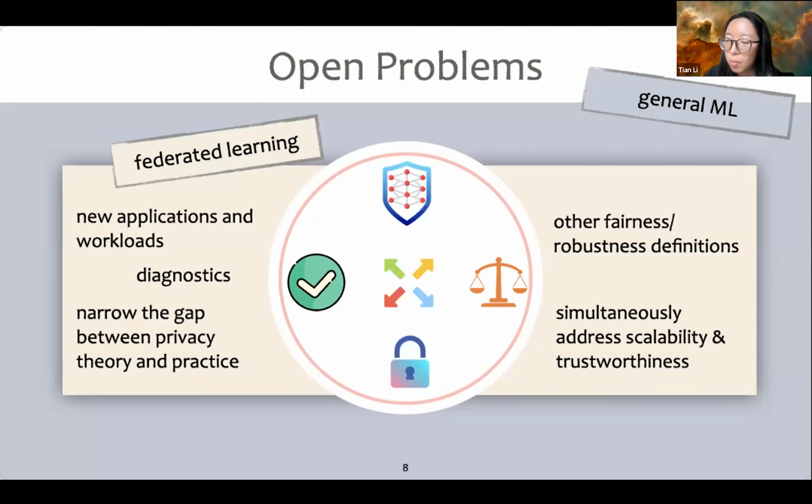And I think one potential gap is about the use cases and the applications. For instance, in federated learning we mostly focus on learning-based tasks, but there's also another line of research, which people in industry are working on, focusing on analytics tasks, so things not necessarily learning, but some analytics.